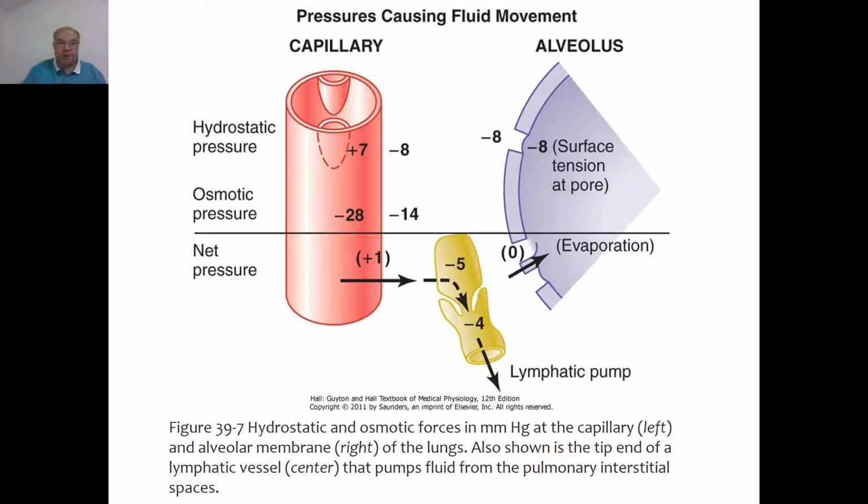This figure shows hydrostatic and osmotic forces in millimeters mercury at the capillary on the left hand side and alveolar membrane on the right hand side of the lungs. Also shown is the tip end of a lymphatic vessel in the center that pumps fluid from the pulmonary interstitial spaces.